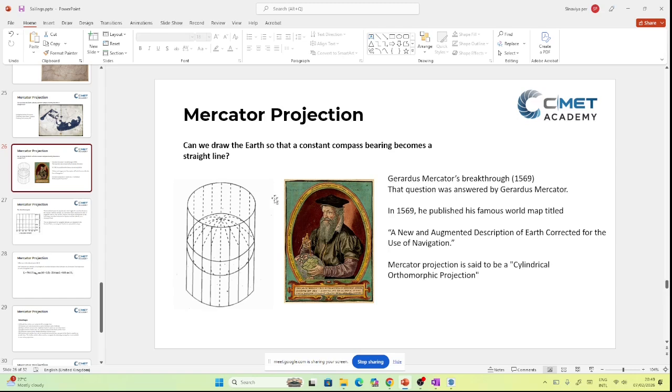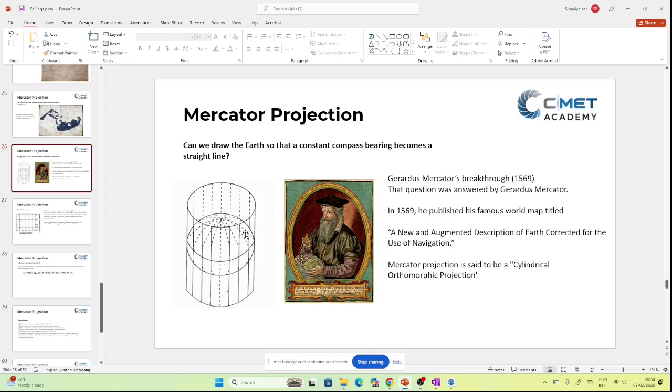He published his first Mercator chart, titled A New and Augmented Description of Earth Corrected for the Use of Navigation. He says corrected for the use of navigation because it is basically one course to steer between two waypoints. You don't have to change the courses, right?